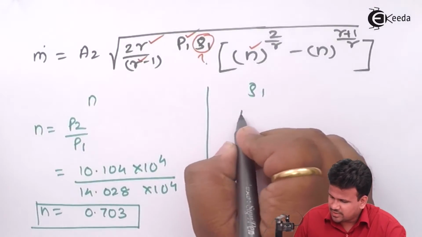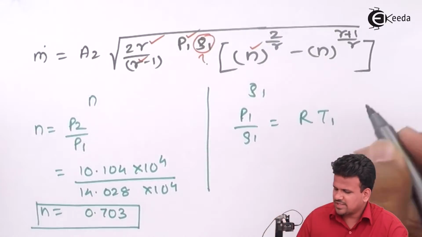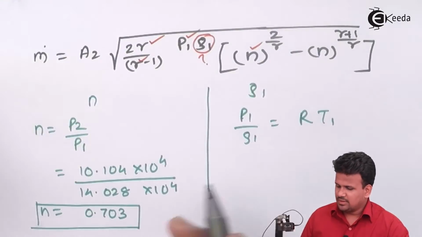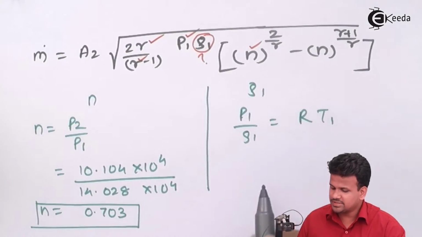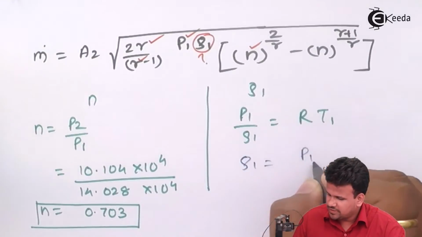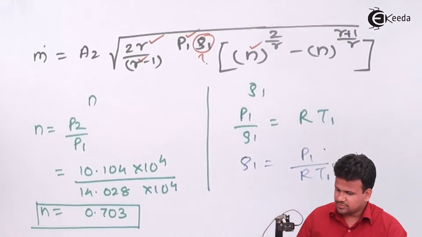We know that it is an adiabatic process. P1 upon rho 1 is equal to R into T1. We can calculate by applying this ideal gas equation. So rho 1 will be equal to P1 upon R into T1. So let us substitute the values.